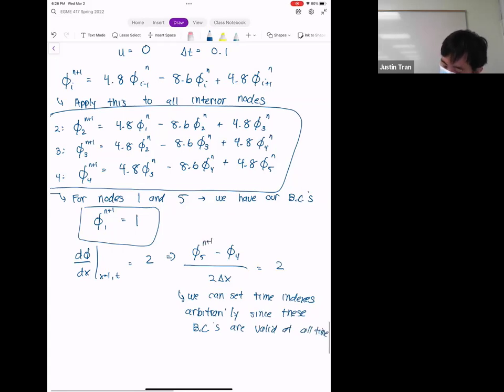I'm going to do something that might look a bit weird first. I'm going to set the time index for phi 5 to be n plus 1, and the time index for phi 4 to be n. The reason I'm doing that is to make sure that we only have one n plus 1 term here. The way explicit Euler works, you can't have more than one n plus 1 in the same equation.